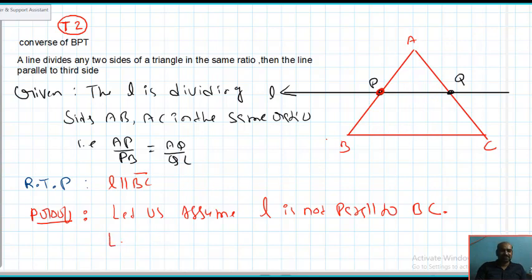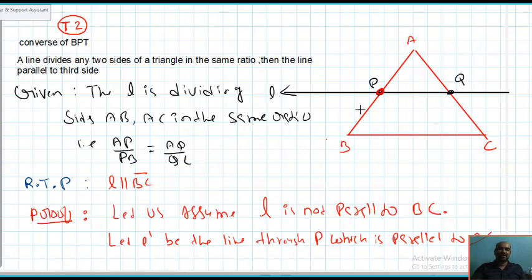So that I will write. Let L dash be the line through P which is parallel to BC, in such a way that we construct a line.